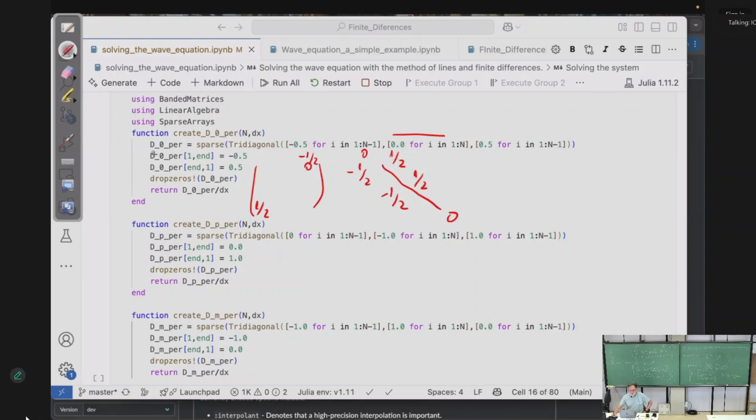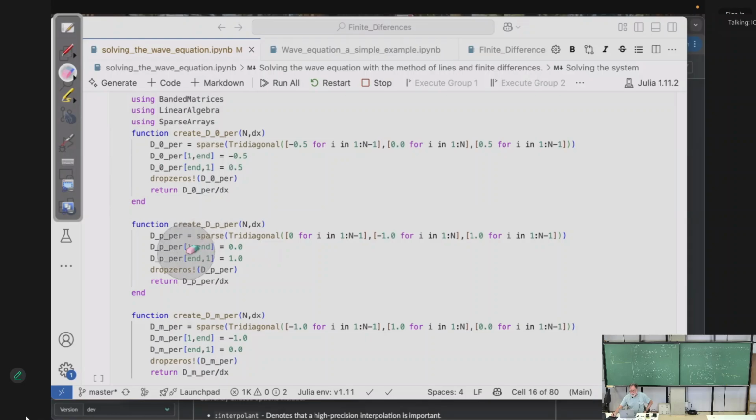So we put these two values, and then we make it sparse all over. We drop the zeros. All the zeros of this I don't want to consider. I want to have something without the zeros, with less memory usage.